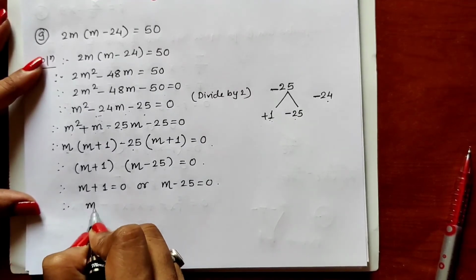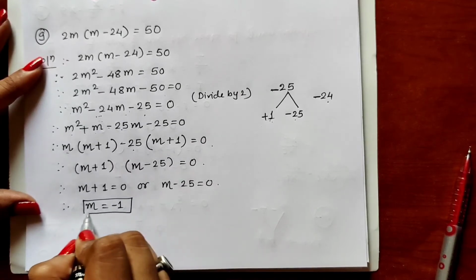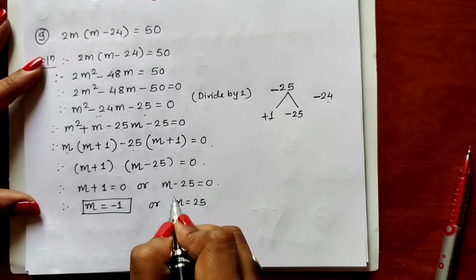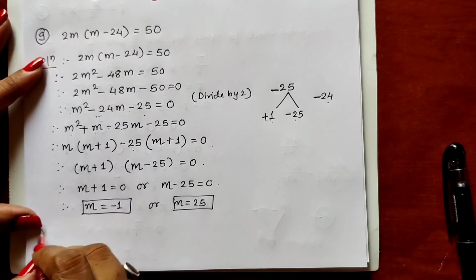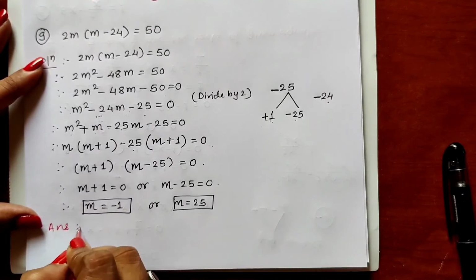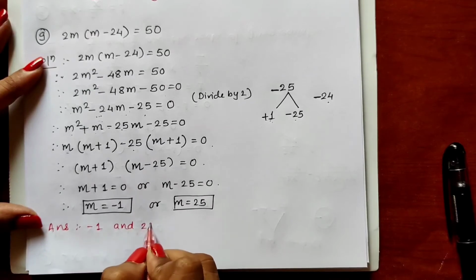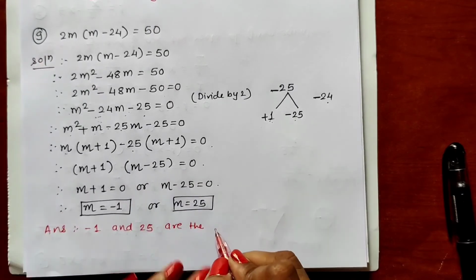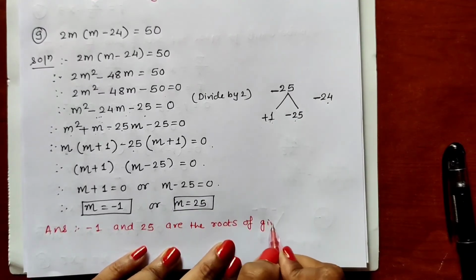Therefore, m is equal to, this plus 1 transferred becomes minus 1, or m is equal to plus 25. In this way, we have got two values of the variable, and therefore the answer is minus 1 and plus 25, which are the roots of the given equation. Very easy.